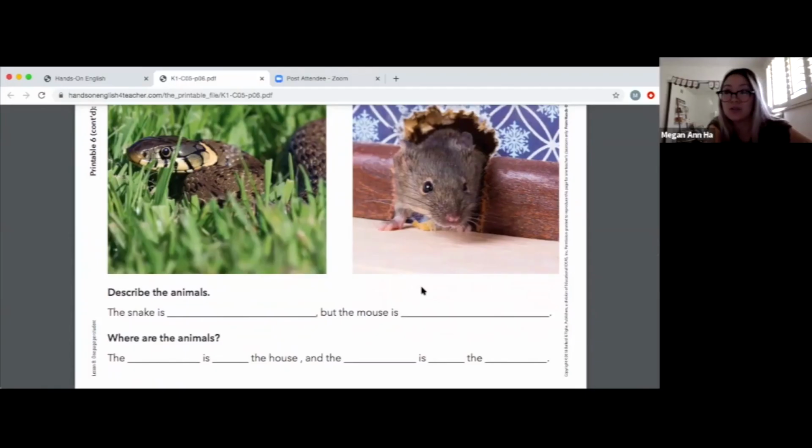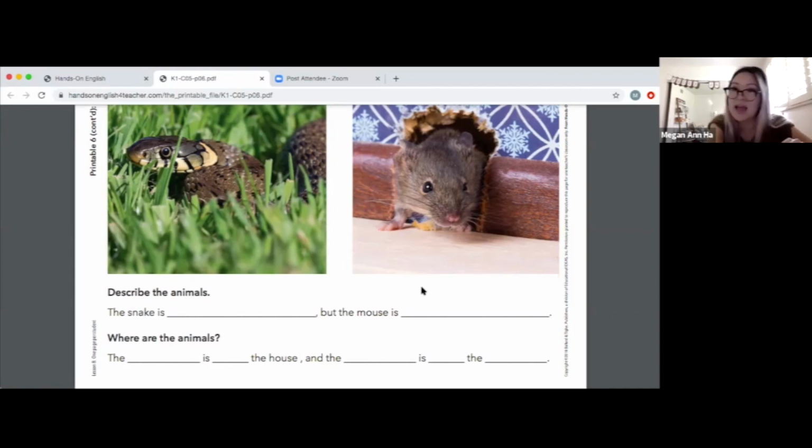Listen to my two words. These are opposites too. Soft and hard. Okay. The snake is... a snake hard or soft? But the mouse is soft. Or we can do this one.